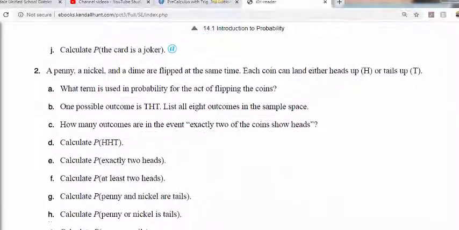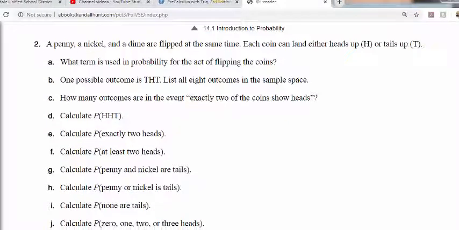So this is number 2 on page 707. All right, so you've got a penny, a nickel, and a dime that are flipped at the same time. Each coin can land either heads up, H, or tails up, T. So assuming that these are just normal coins, we'll do A first.